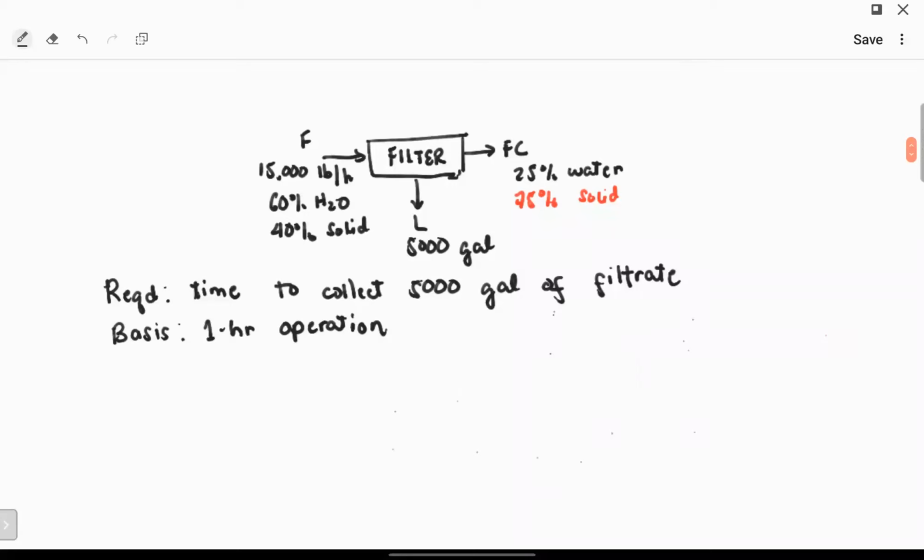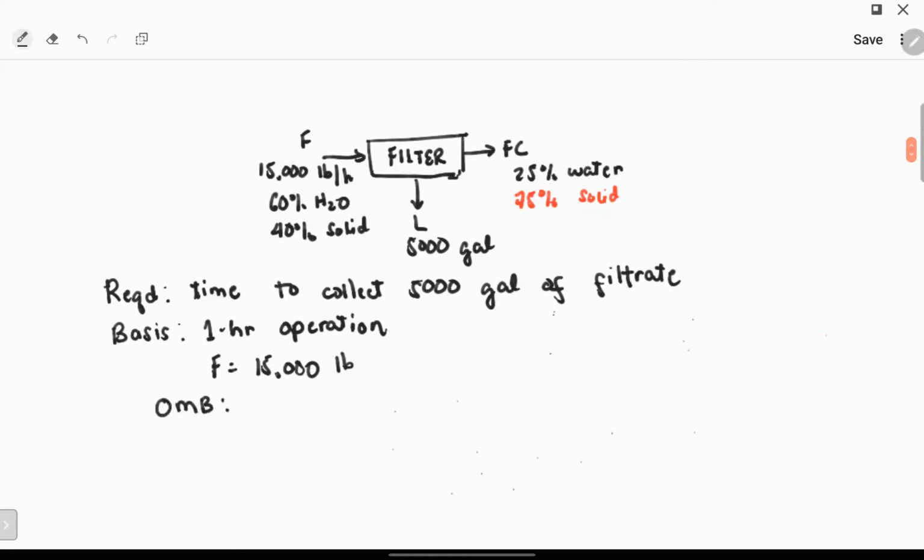So if that is the case, then F for the feed is simply 15,000 pounds. Okay, and let's write the overall material balance.